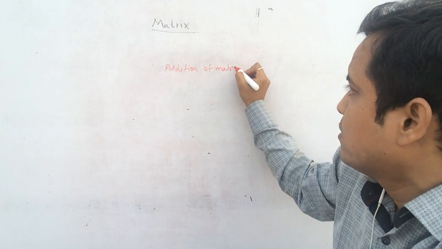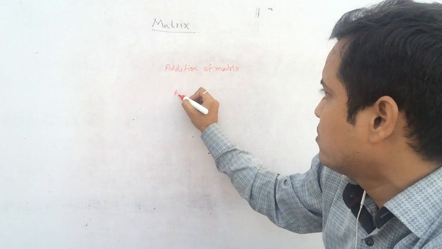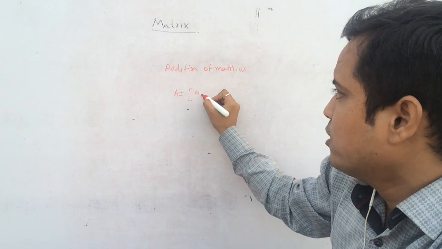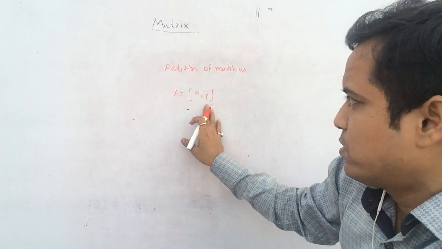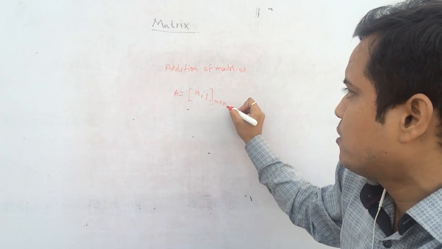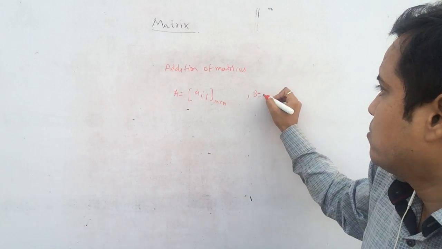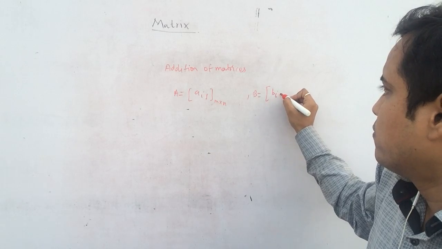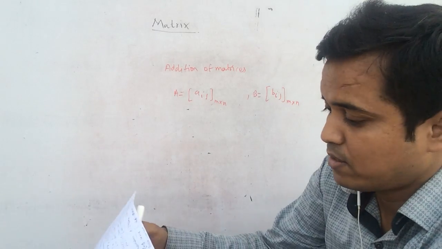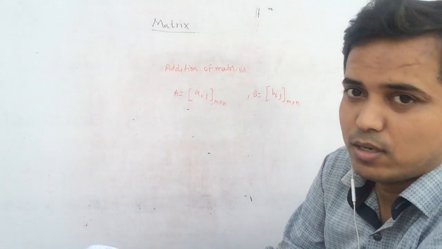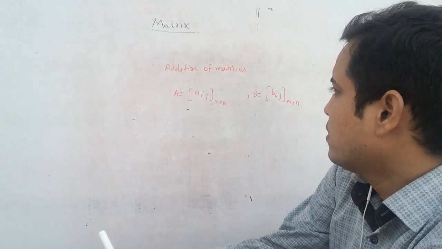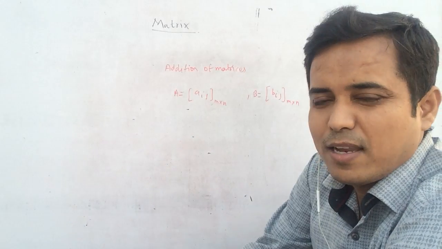Addition of matrices. Suppose matrix A equals Aij, a matrix of order M cross N, and B is also a matrix of order M cross N. If you want to add these two matrices, then the order should be equal. That is the first condition, and the corresponding elements will be added.